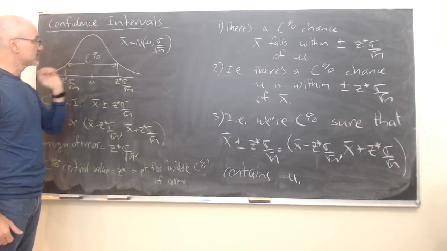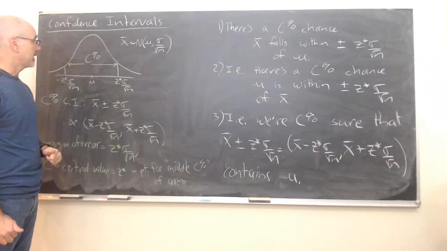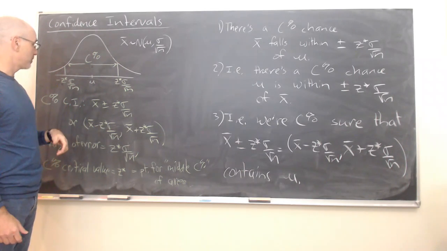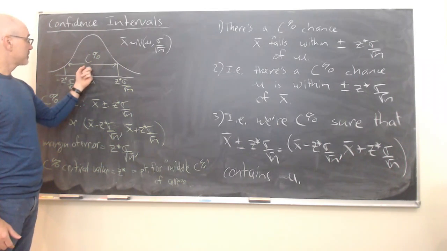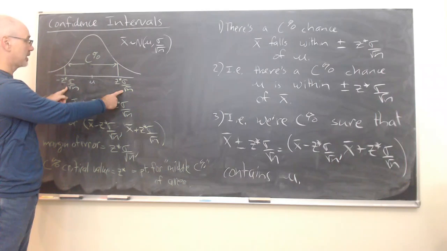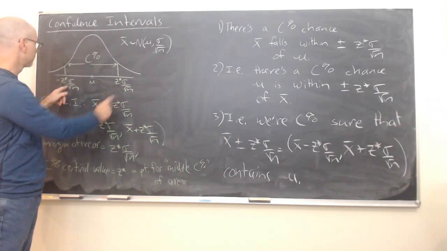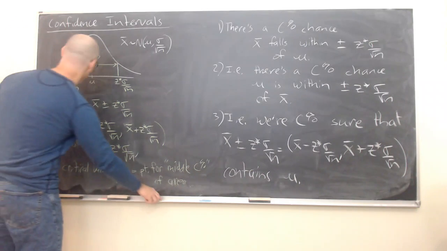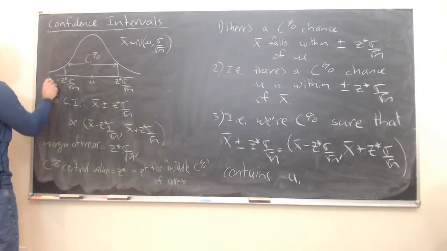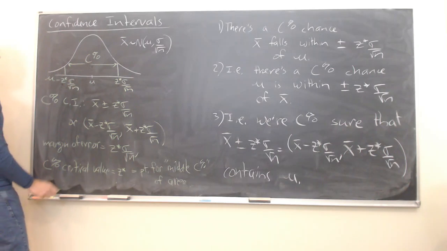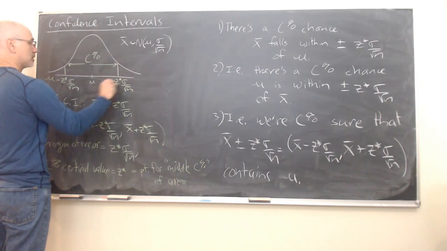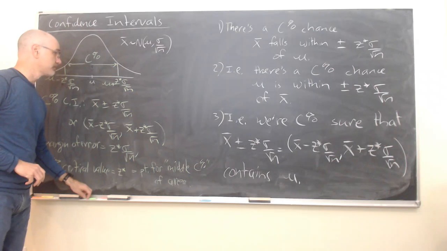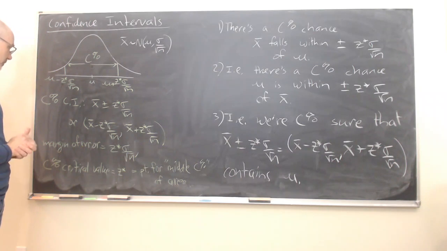So if you plucked a sample mean at random out of all possible sample means, there's a C% chance it's going to be inside this interval, where we're going from mu minus Z star times sigma over root n to mu plus Z star times sigma over root n.